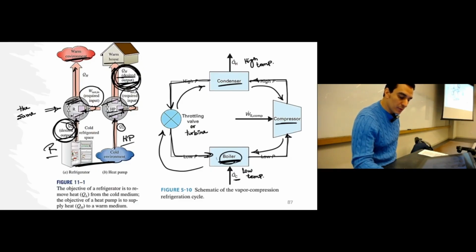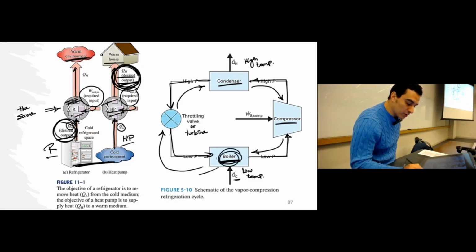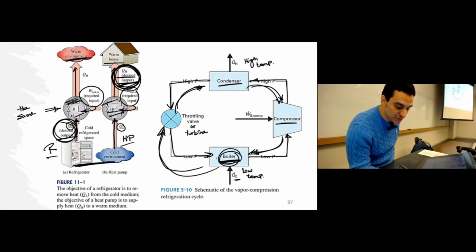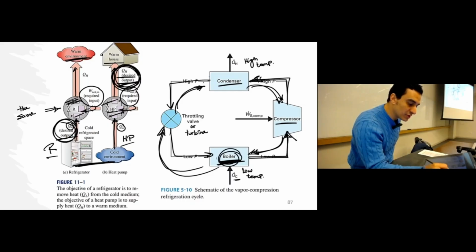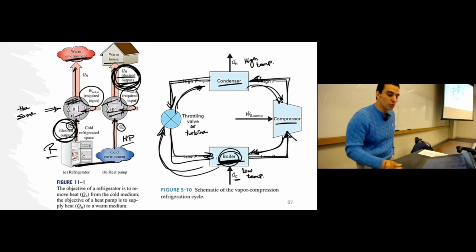In power cycles, the outlet of the boiler goes to the turbine, then the condenser, then the compressor, then the boiler again. But here the direction is reversed. What is coming from the boiler goes to the compressor, then the condenser, then the turbine, and then back to the boiler.